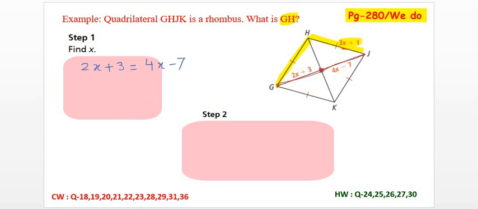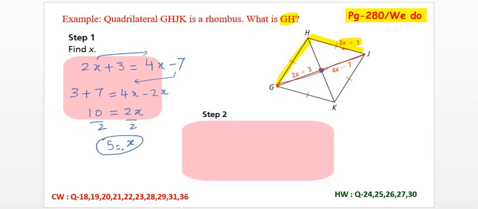This is the midpoint of this diagonal. Now move this 2x over there, it will turn negative, and bring this 7 over here, it will turn positive. So we will have 3 plus 7 on this side and 4x minus 2x on the other side. So this will give us 2x equals 10, and when we divide each side by 2, it will give us the value of x, that is 5.